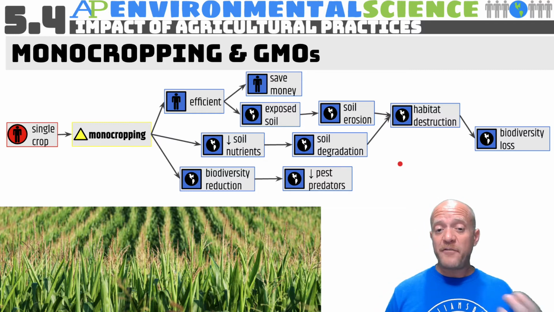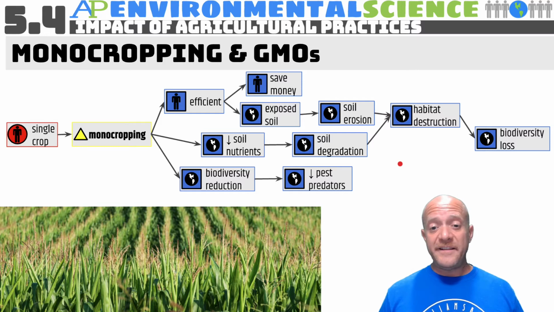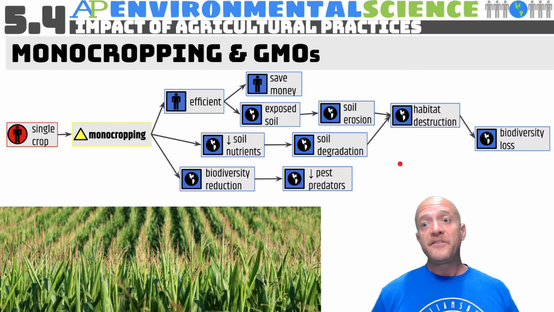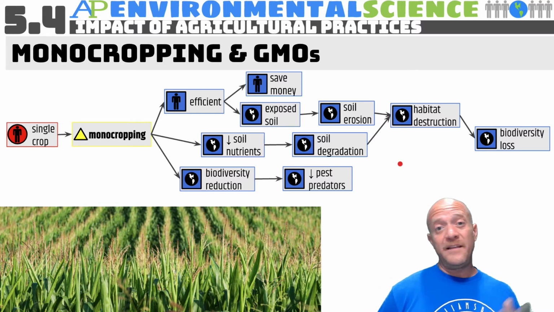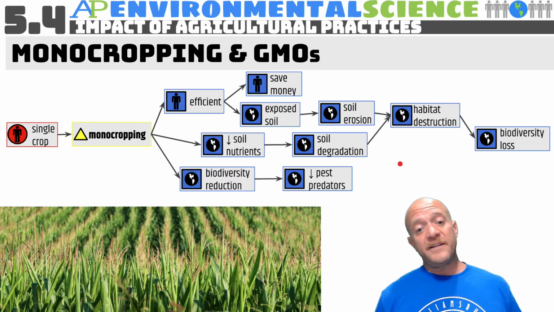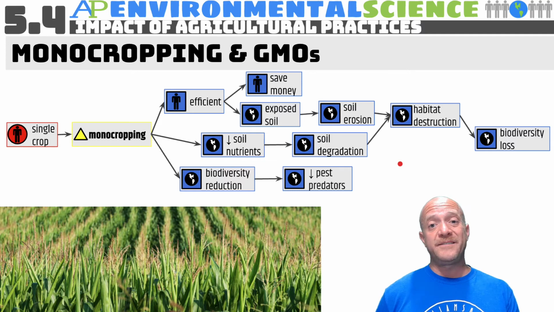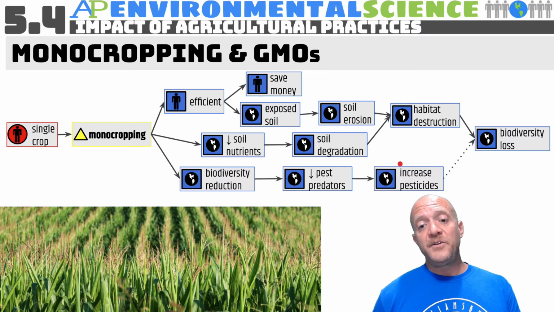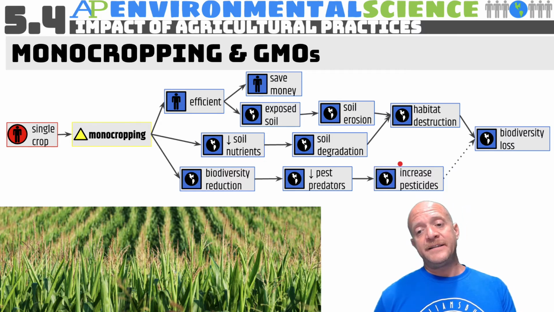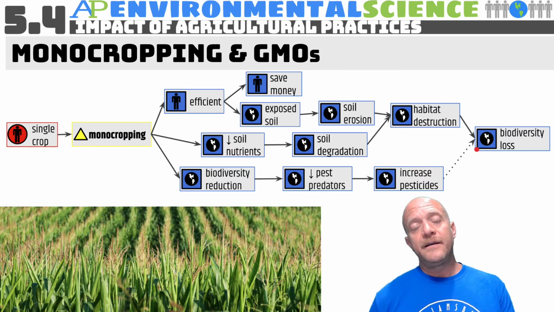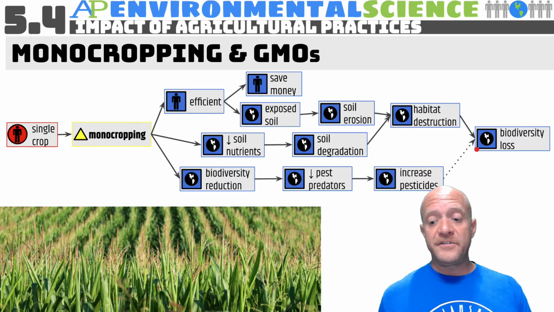But if I have a reduction in biodiversity, a lot of these predators on these pests, these birds, don't have a place to live because they would normally live in trees. If you cut down all the trees to build this field, the birds don't have a place to live anymore. So you have to eventually increase pesticides, which will eventually lead to more biodiversity loss.